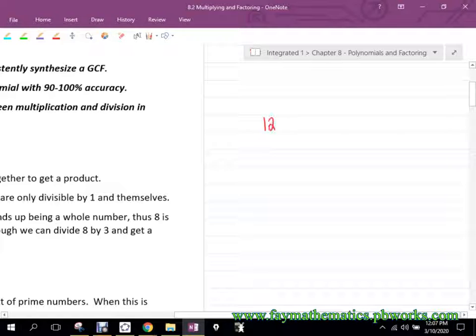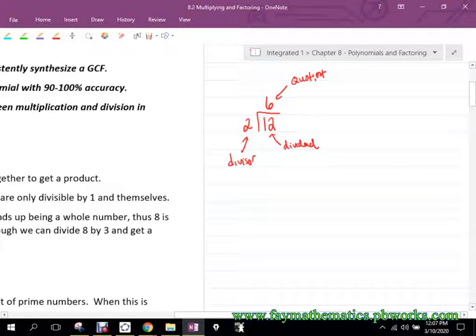12 divided by 2 would give me what? 6. So 6 is called the quotient. Remember that? 12 is referred to as the dividend. 2 is called the divisor.